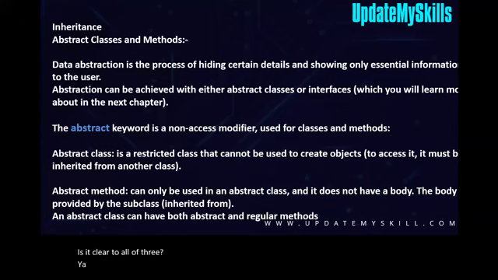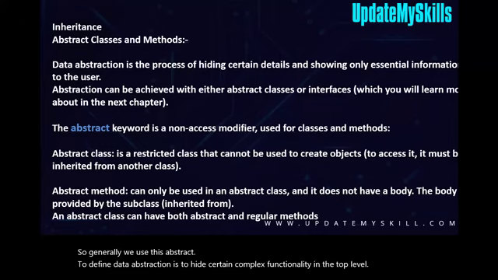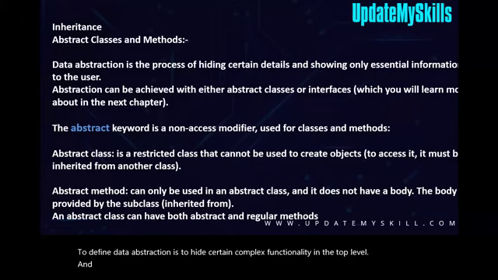So there are abstract classes. Generally we use abstract to define data abstraction, to hide certain complex functionality at the top level and let the bottom-level subclasses write the implementation of it.